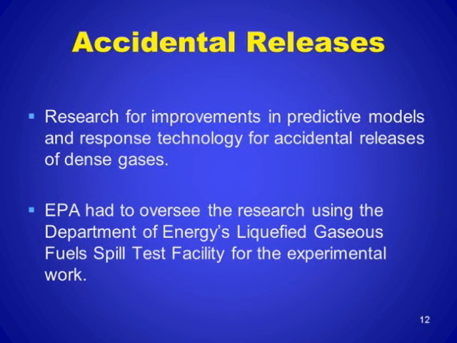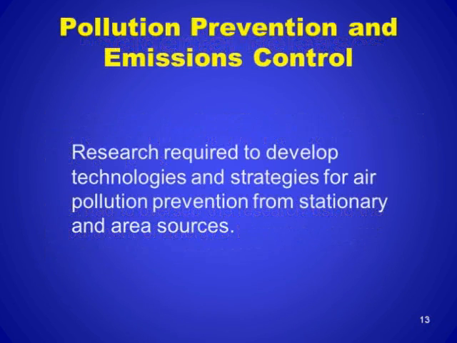Accidental releases. Research for improvements in predictive models and response technology for accidental releases of dense gases was required. EPA had to oversee the research using the Department of Energy's Liquefied Gaseous Fuel Spill Test Facility for the experimental work. Pollution prevention and emissions control.